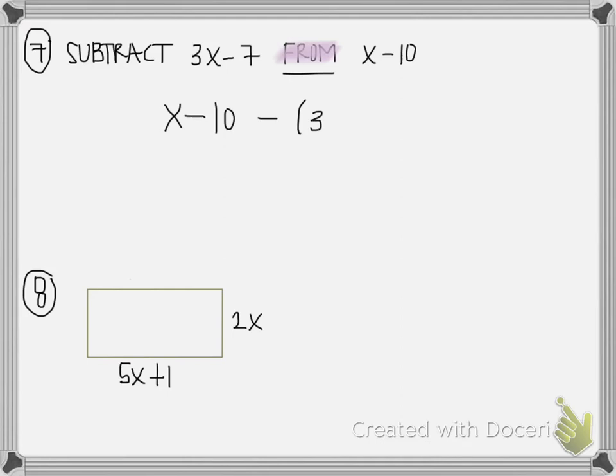So I'm going to put that in parentheses because I'm taking the whole thing away from x minus 10. So that means that I would say x minus 10 minus 3x plus 7. Now, combine like terms. So we'll have x minus 3x, which would be 2x, and then negative 10 plus 7, which will be a negative 3.